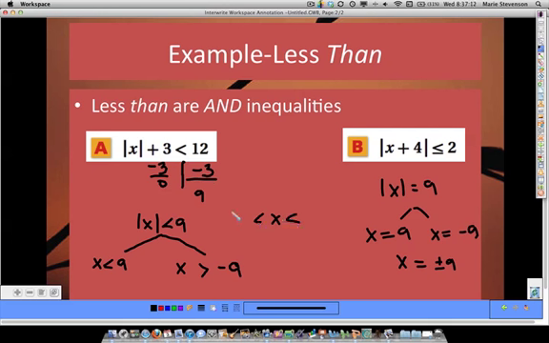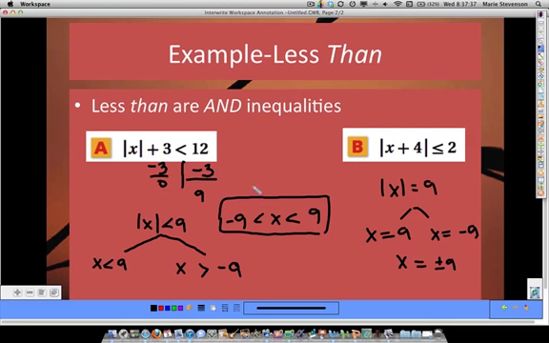Now, this is the lower bound. This is the lowest x can go. This is the upper bound, the highest x can go. So this says x must be less than 9. That means the highest it can go is 9, so that goes here. This says x must be greater than negative 9. That means it's the lowest it can go.